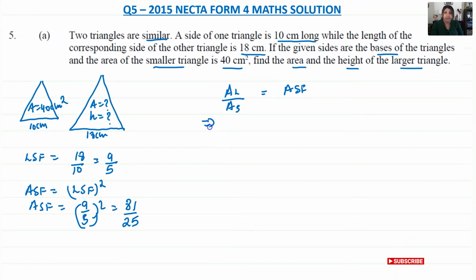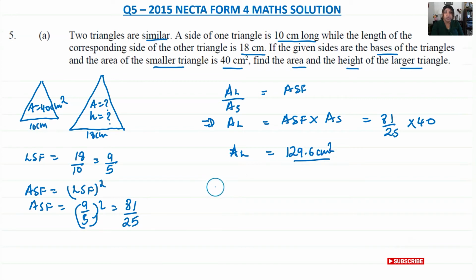So if you want to find the area of the larger triangle, all you have to do is use the area scale factor times the area of the small triangle, which is 81 over 25 times 40. If you calculate this, you get the area of the larger triangle equals 129.6 centimeters squared.